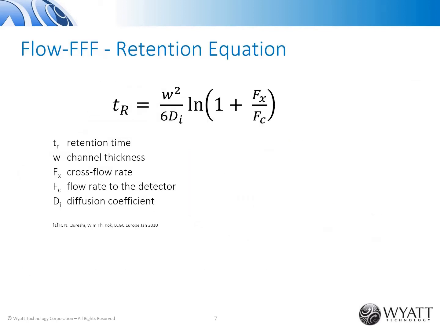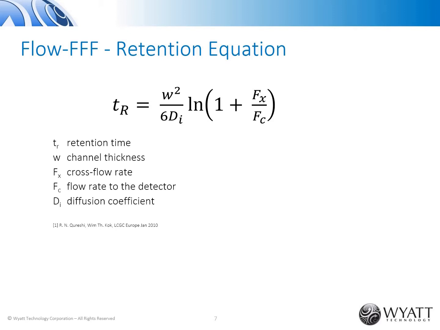The equation we see here tells us that the retention time T sub r depends on the channel height W squared and the ratio of the cross-flow rate divided by the outflow rate. The equation can be used to tune the separation by adjusting this ratio and to program it during an experiment to achieve the desired resolution.